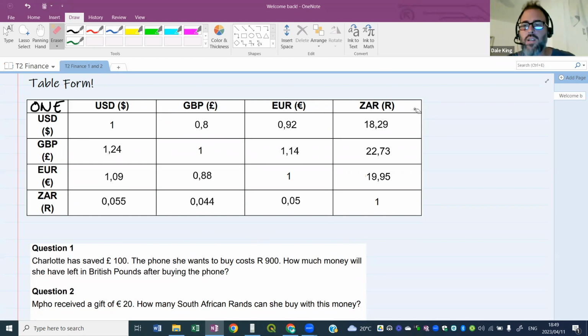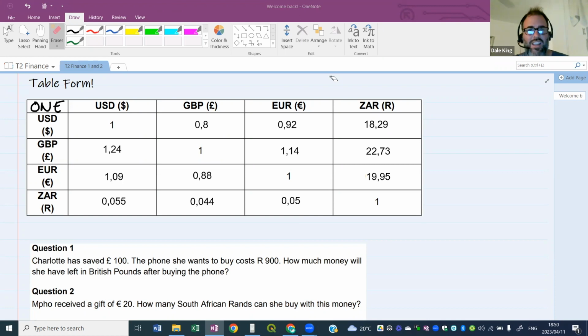All right, I'll give you a couple of minutes to try that one. Step number 1, can she buy the phone? Will 900 Rand give her £100? If so, how much will she have left over, if anything? You've got to check how many pounds you get, and then it's a yes or no. Oliver King, very fast.